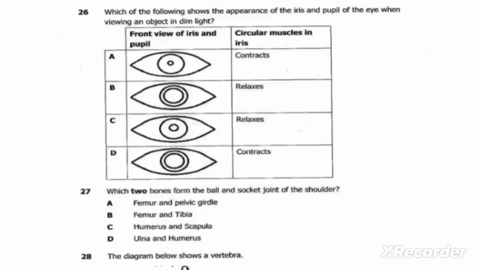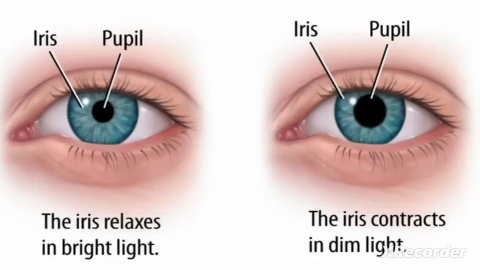Question 26, the question reads, which of the following shows the appearance of the iris and the pupil of the eye when viewing an object in dim light? So when viewing an object in bright light, the pupil will constrict.